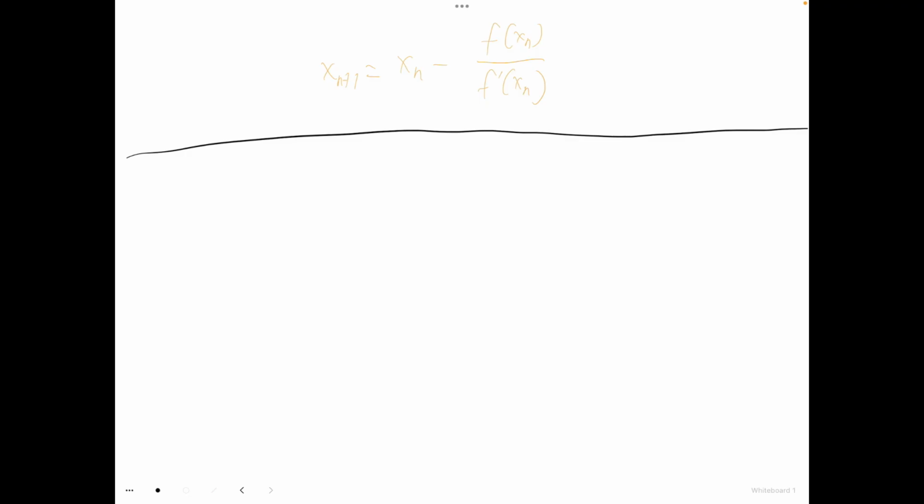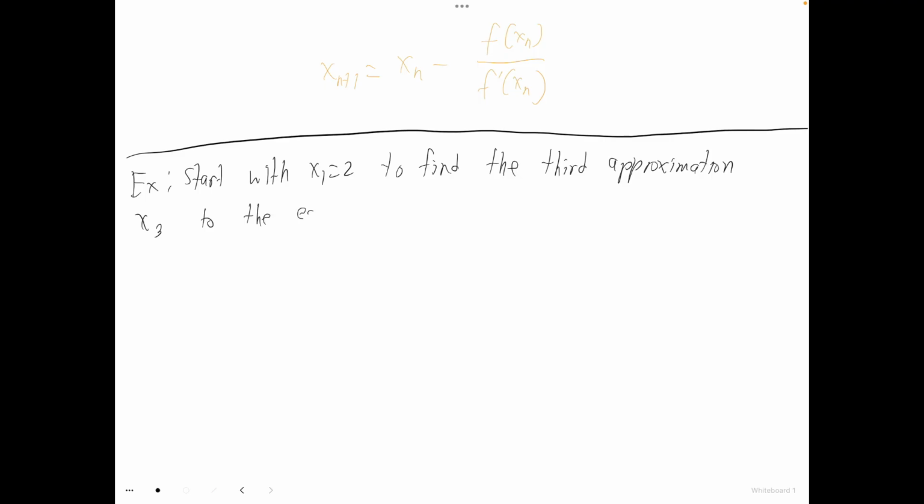Okay, and so now we want to start with x sub 1 equals 2 to find the third approximation, x sub 3, to the equation x cubed minus 2x minus 5 equals 0.